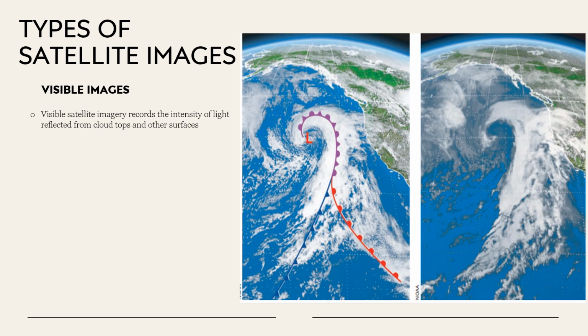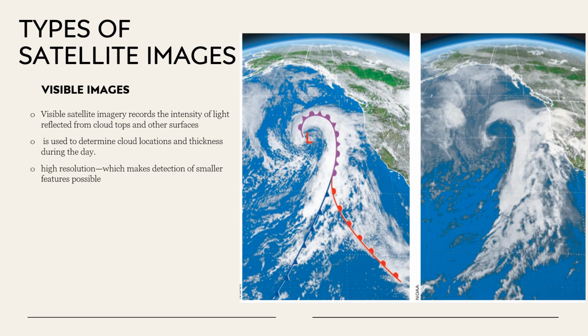So visible satellite imagery records the intensity of light reflected from cloud tops and other surfaces. So it is used to determine cloud locations and thickness during the day. And visible images are better for showing cloud patterns and storm systems such as mid-latitude cyclones and hurricanes.